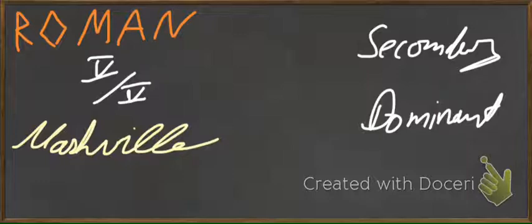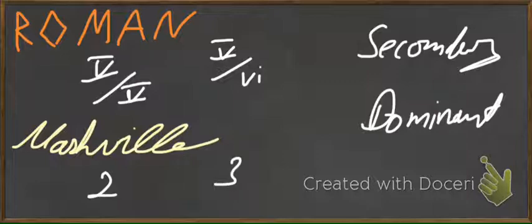So what does Nashville number call it? Major 2. That's it. You note that the minus is gone. Let's take another one, V/vi, secondary dominant V/vi. You've guessed it, it's major 3. That's the whole gist of the system.